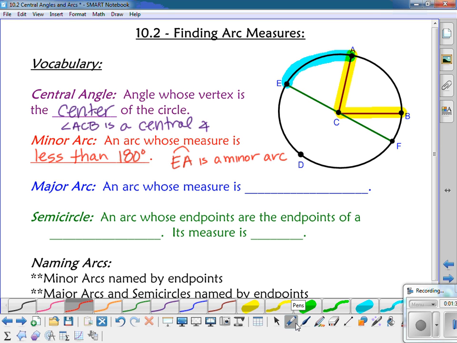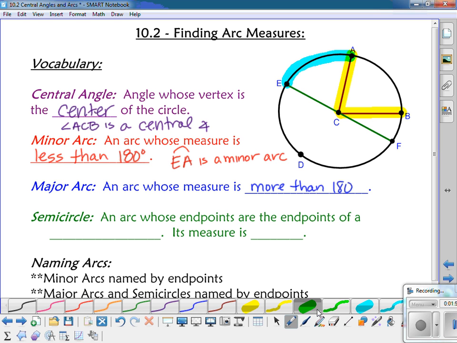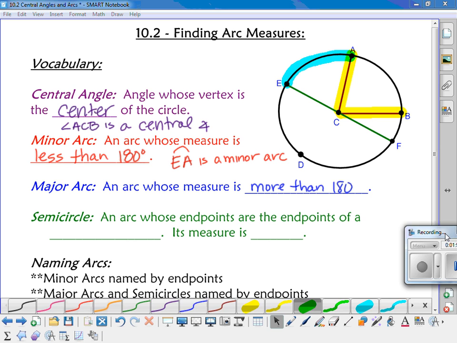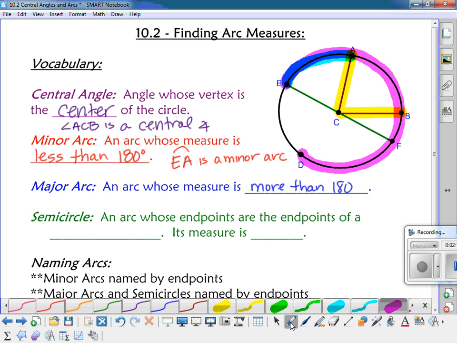A major arc is an arc whose measure is more than 180. So, for instance, let's see here. If I go starting at E and go all the way around until I get to D, that is a major arc.